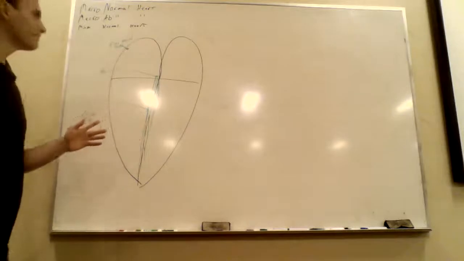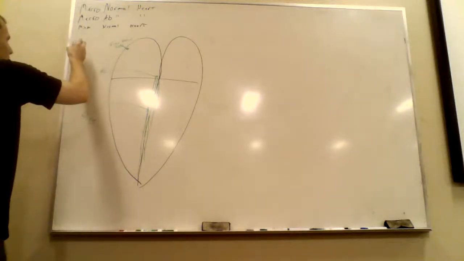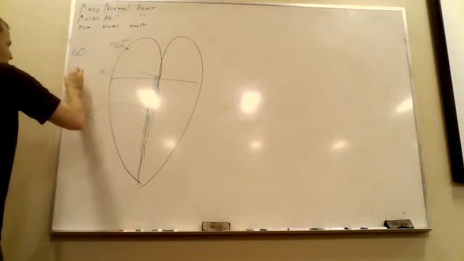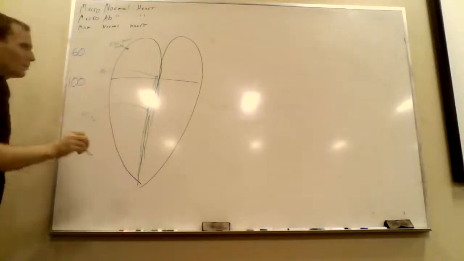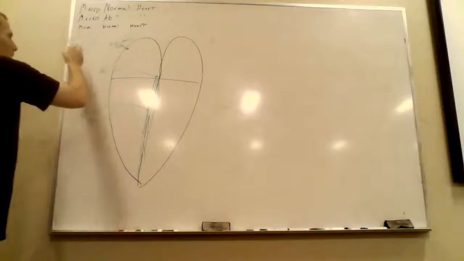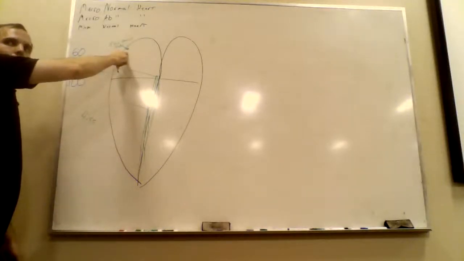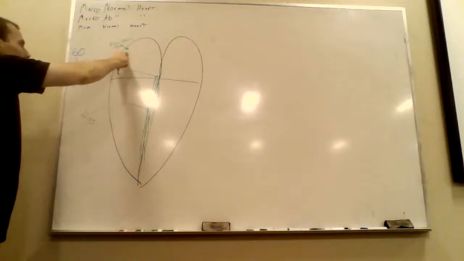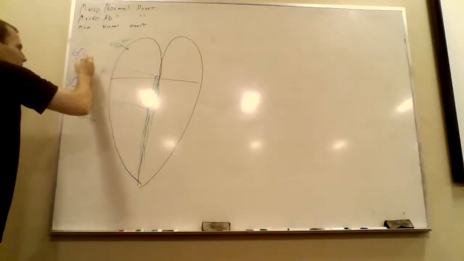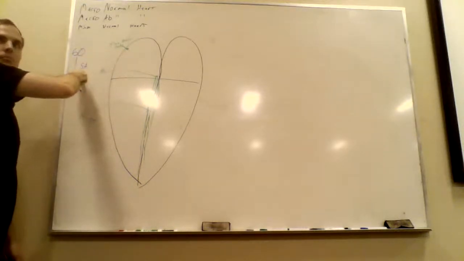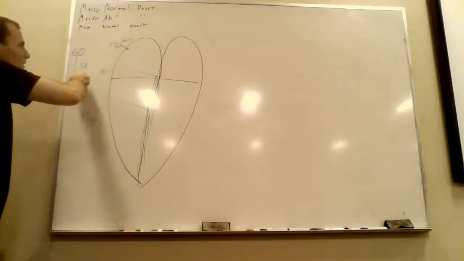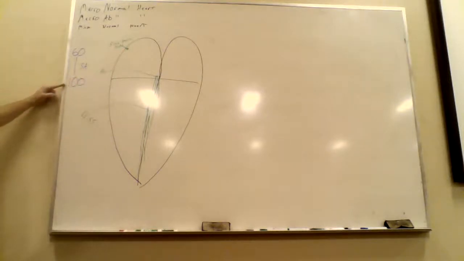Normal heart. Normal heart beats between 60 to 100 times per minute, with the sinoatrial node, SA node, being what sets that rhythm. If it is above 100 beats a minute, it has a special name.